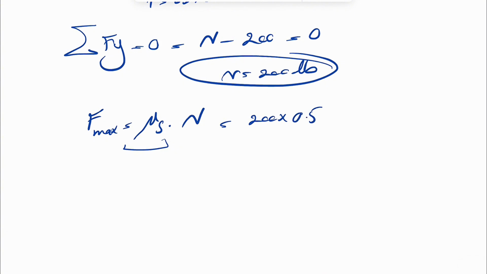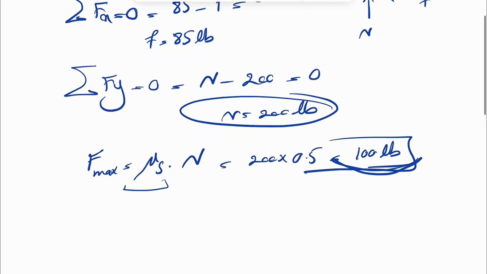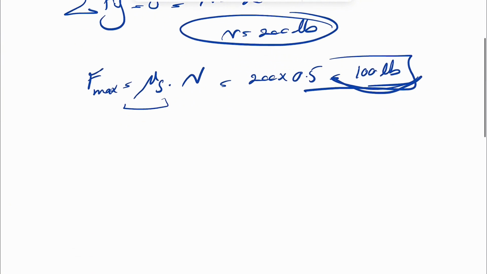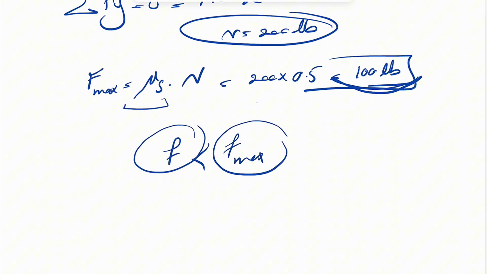So 200 times 0.5 gives us 100 pounds. What this means is that in order for us to start moving the crate, we need to pass this force. But the friction that we got from our equilibrium condition is 85 pounds. So our F is less than F max, which was 100. We had 100 pounds for the maximum friction, and we are at 85 pounds.